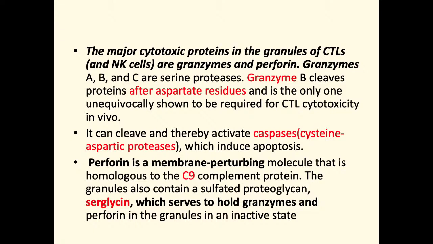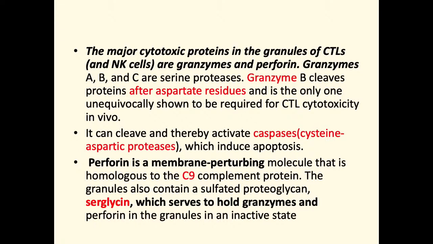And also, as you may remember, the C9 complement protein from your previous lecture. Do you remember the membrane attack complex of complement? In complement activation, the last stage is to produce the membrane attack complex to destroy some bacteria.